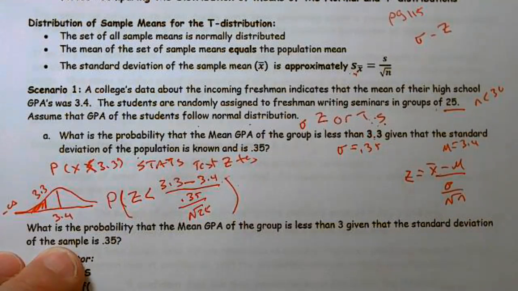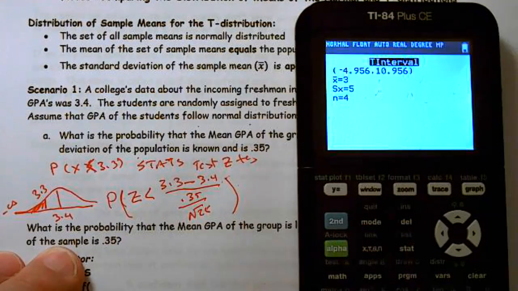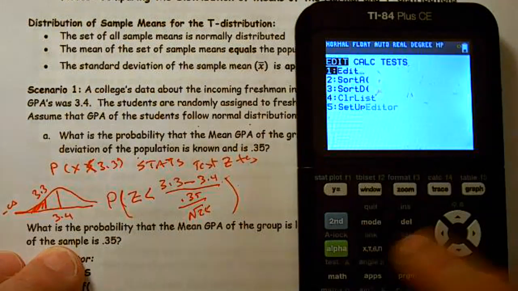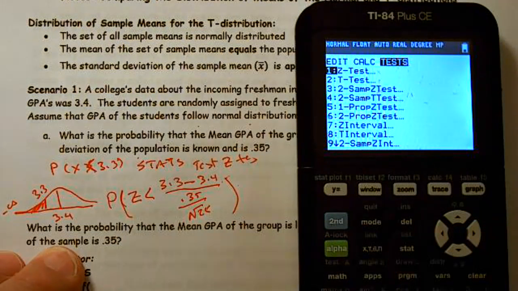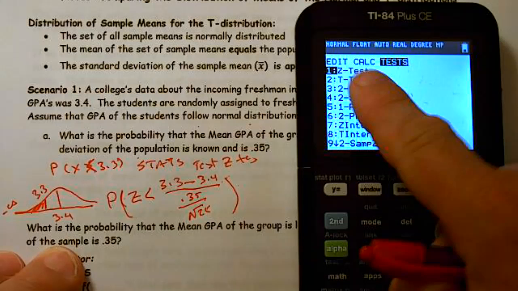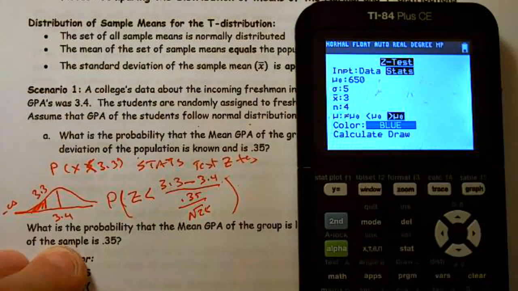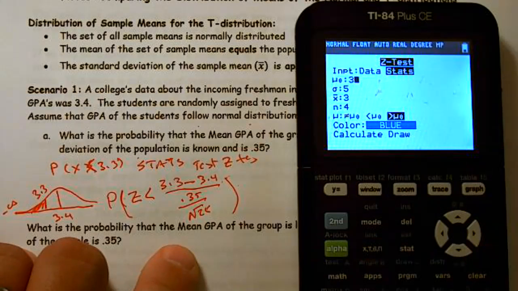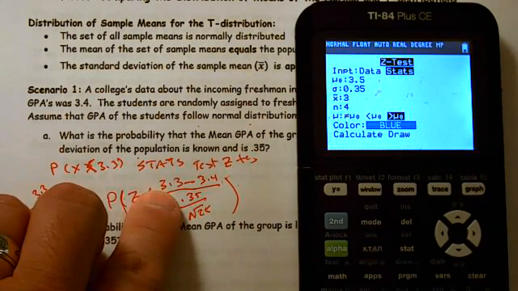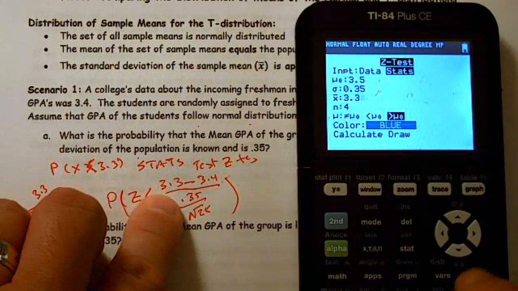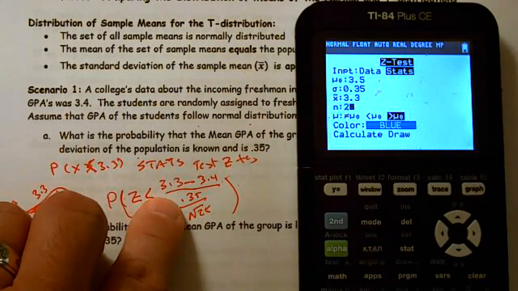So that's what we're looking for. So stat test z test, that happens to be the first one. My mean happened to be 3.4. My standard deviation was 0.35. The x bar that we're checking is 3.3, and my sample is size 25.